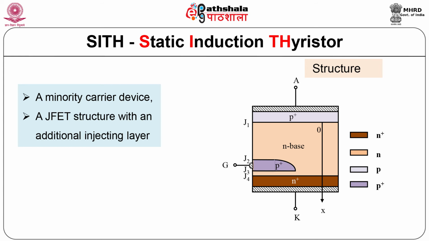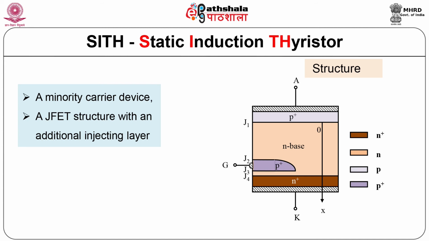It is essentially a PIN diode with a gate structure that can pinch off the anode current flow. It can be turned on by applying positive gate cathode voltage. Applying positive gate voltage, the PIN diode turns on, which injects electrons into the channel. It results in large conductivity modulation.